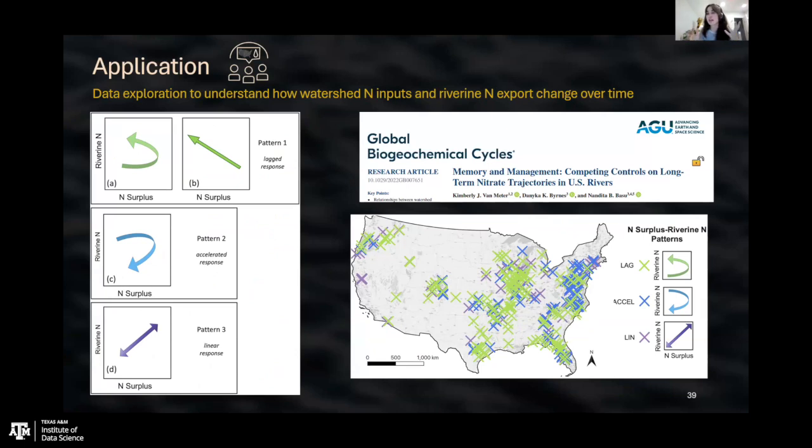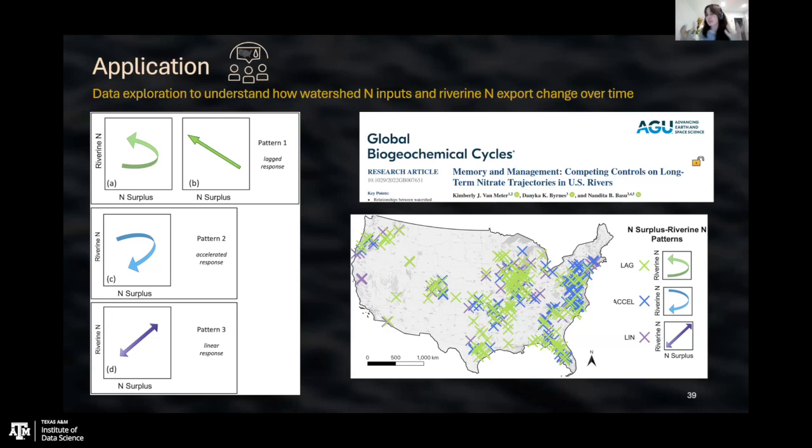This was a project where the data exploration step was frankly many years long, and it was pretty onerous because the data was extremely messy. But we finally found something, and what we were able to pull out of this black box data analytic approach is 3 patterns of how the nitrogen inputs or nitrogen surplus relate to nitrogen loads.